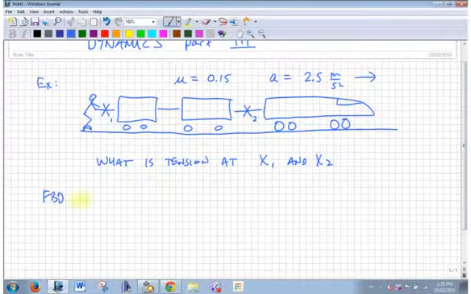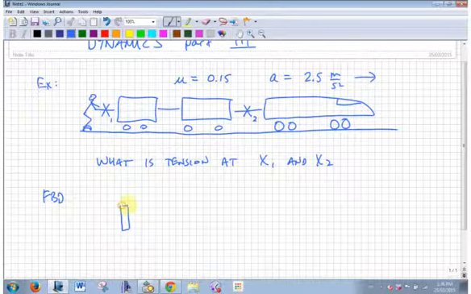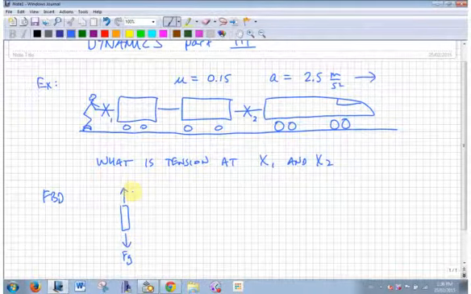Free body diagram. Here's the guy, a block. He's got weight, right? And is there a normal force for the guy in the roller skates? Sure there is. We're assuming all these tensions are perfectly horizontal. If I knew the mass of this guy, I would know that Fn is equal to Fg.